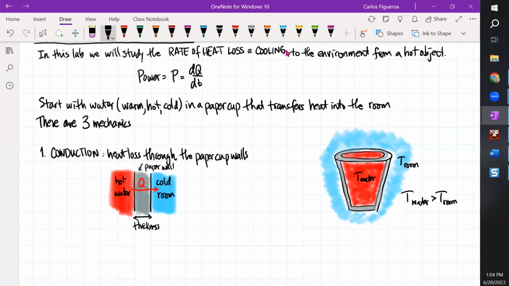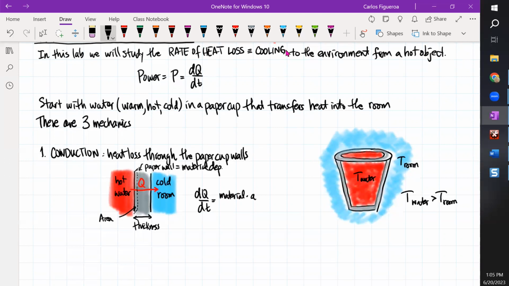And what you also see here, which is really hard to see, is that there's an area right in here. There's a contact area. And so then this here has to do with the area. So when I say paper wall, that really means that this is a material dependence. So when you look at this type of heat transfer, we say that it is going to be a material dependence.